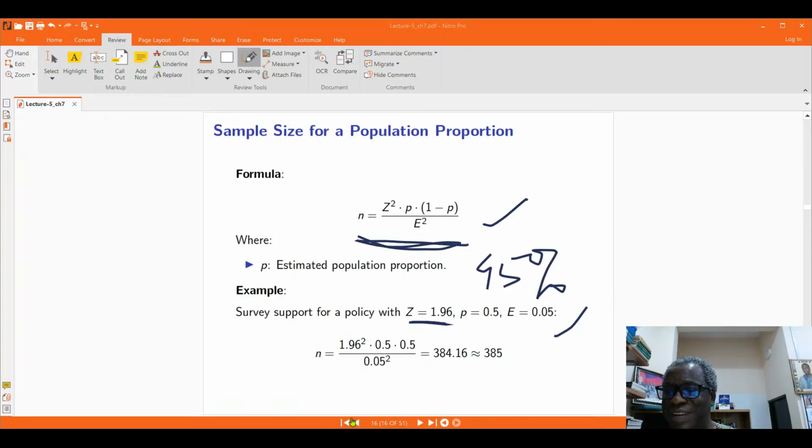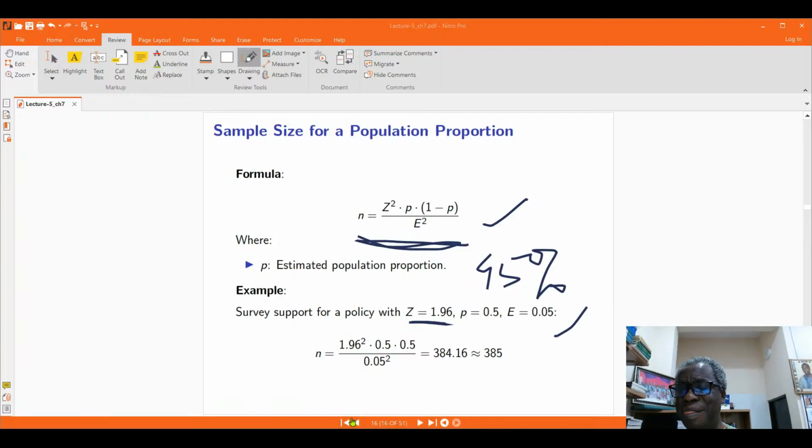So if I say my final answer is 383, is that correct? Well, it's still correct, but why are you going to 383? You want optimal sample size. So it's even better to choose 384 and just stay there, but going down to 383 may make it slightly suboptimal.